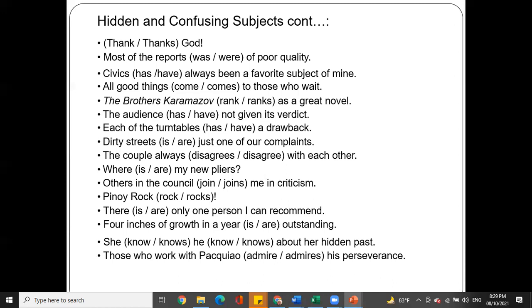Which one is the subject, guys? Those is the subject. The adjunct who work with Pacquiao, you can actually eliminate that from the sentence. It doesn't affect the syntax. Those admire his perseverance.